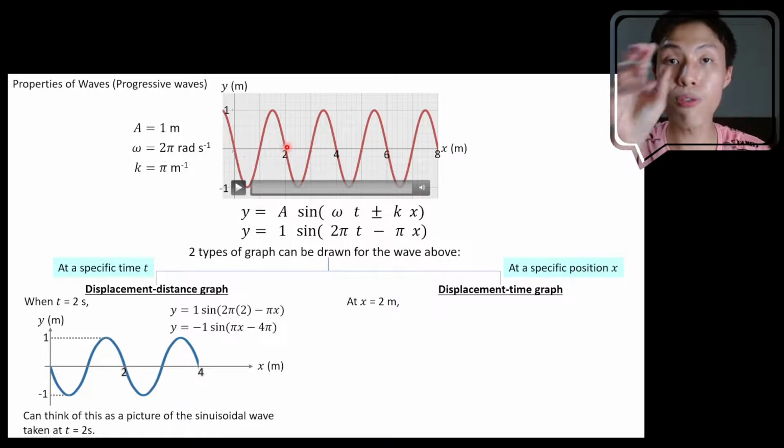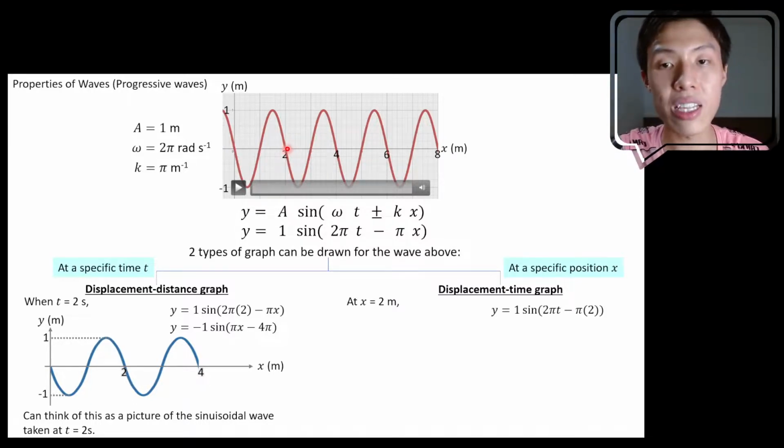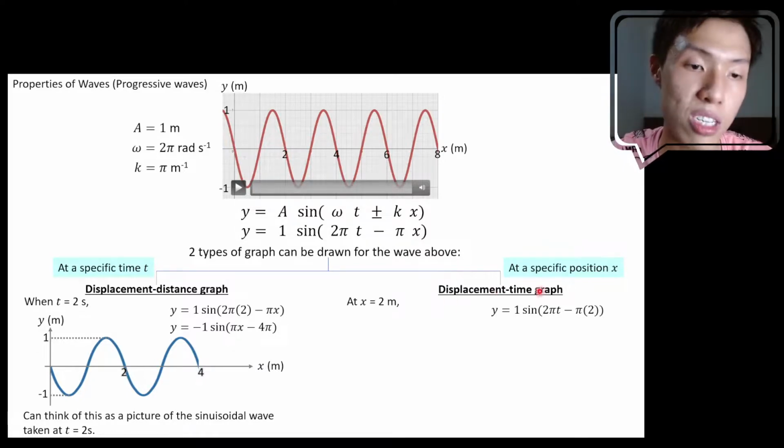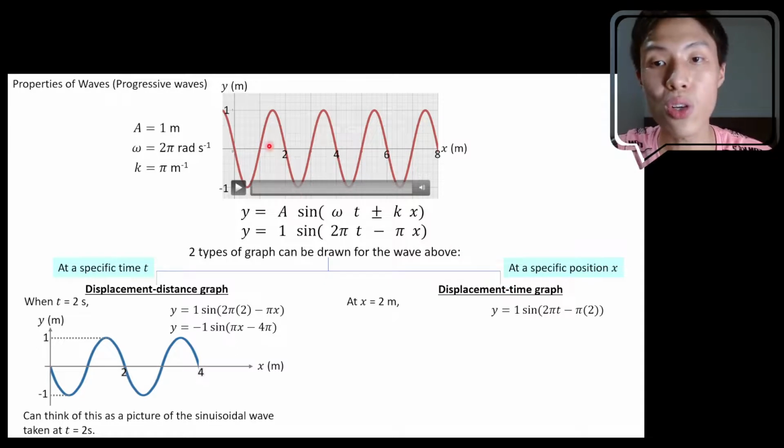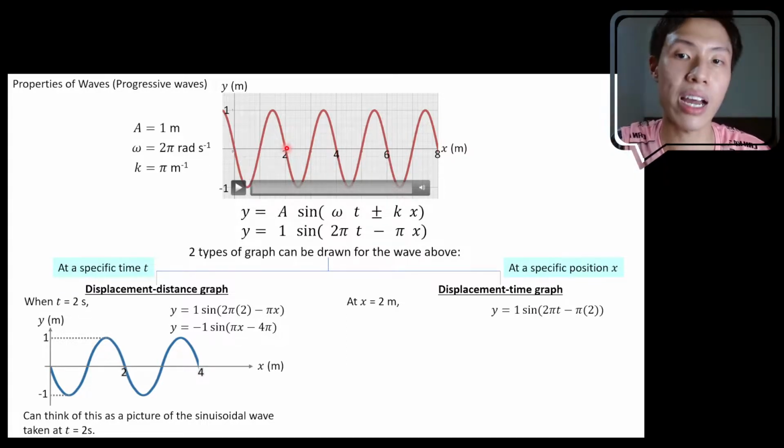Then if we focus on only one particle, we know that that particle will be undergoing simple harmonic motion, and therefore we can draw a displacement time graph. Okay, so we are sacrificing all the other particles. We only focus on one particle, and when we focus on one particle, now we can look at how the particle moves when time passes.